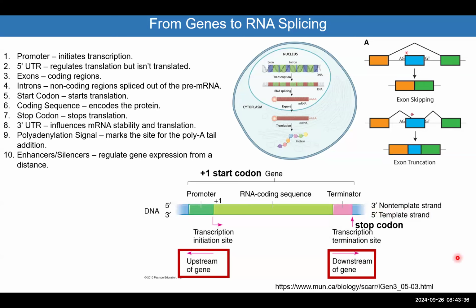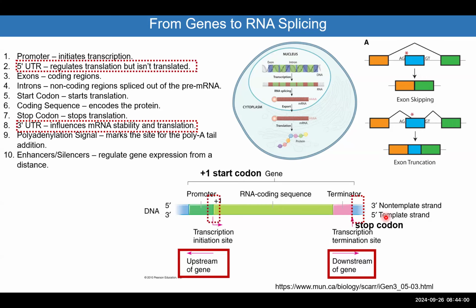Now, since we have two strands of DNA, we call one of them a template and one of them non-template, or one of them positive and the other negative. So you have to be careful when you're looking at your gene in a genome browser, and I'm going to show you that, to be careful where it is being transcribed. Is it on the positive strand or on the negative strand?